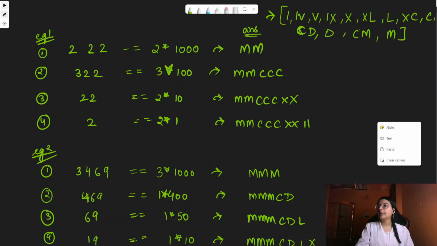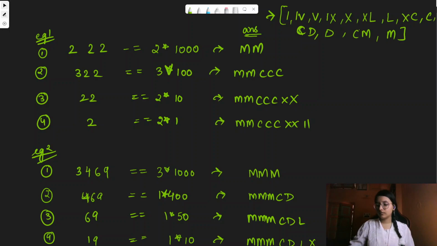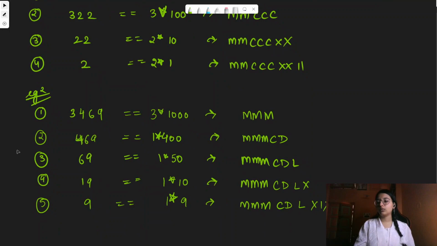So in the second example, we are given 3469, right?